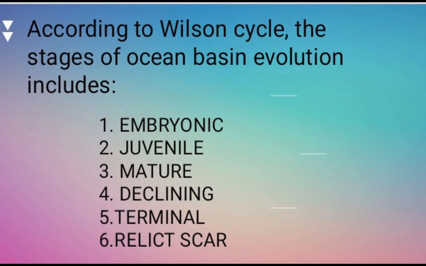Stage 2 is juvenile, where seafloor basalts begin forming as continental sections diverge. It is fairly shallow, and if repeated influxes of seawater become partly evaporated, salt deposits will accumulate. An example of this is the Red Sea.